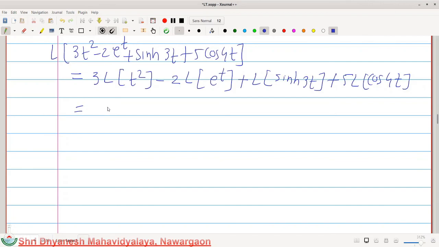What will be the next step? 3 into the Laplace transform of t square, that is t to the power 2.